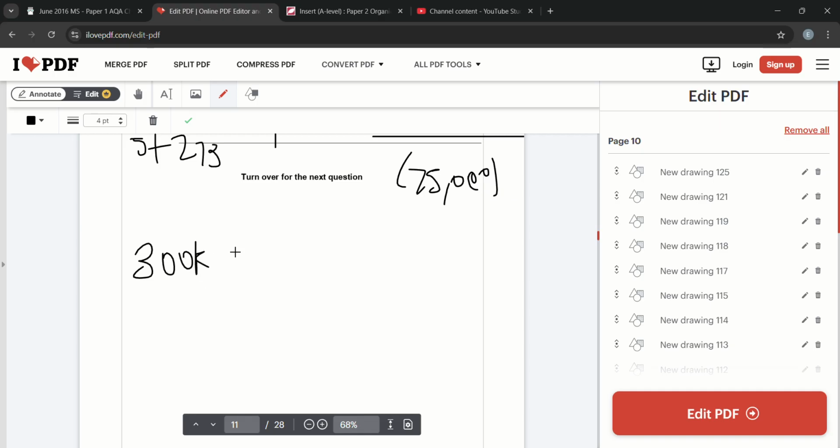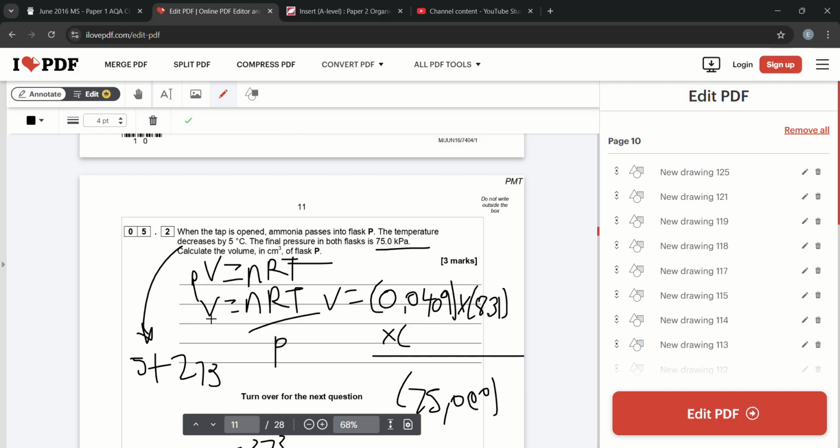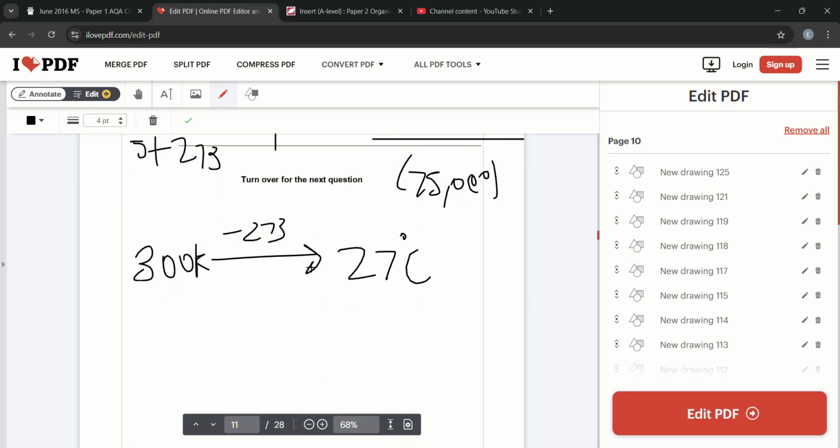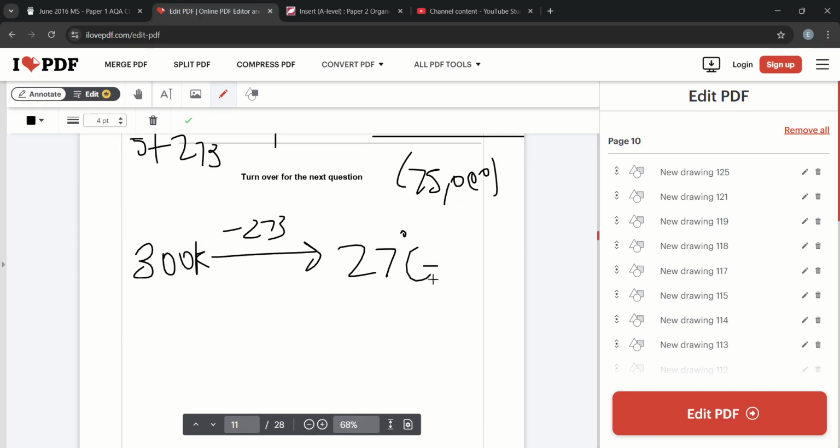How do we convert from degrees to Kelvin? Well, we add 273. So to get from Kelvin to degrees, we minus 273. 300 minus 273 gives me 27 degrees Celsius. And we know the temperature decreases by 5 degrees Celsius, so 27 minus 5 is 22 degrees Celsius.